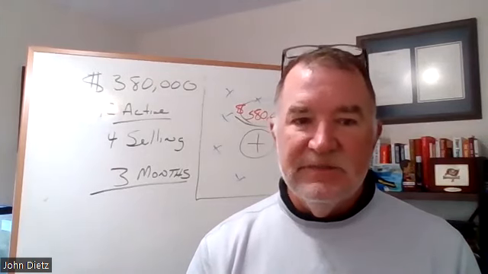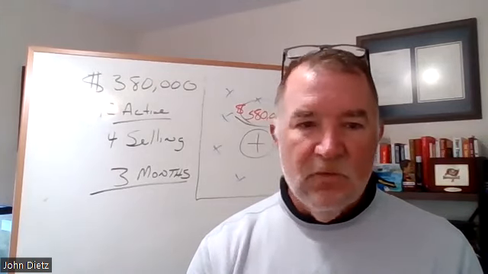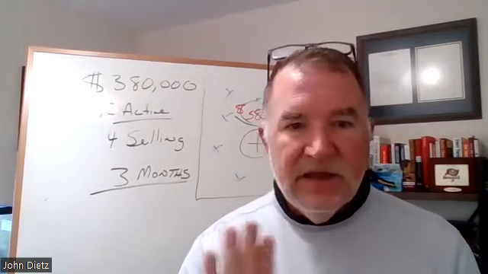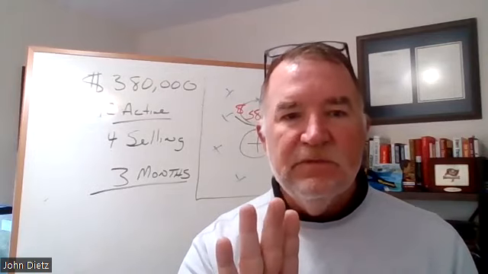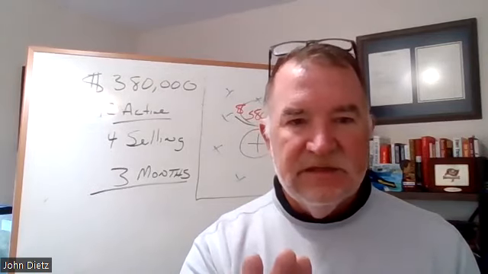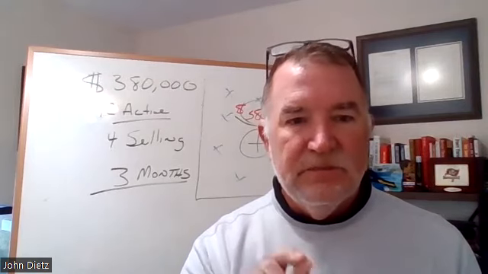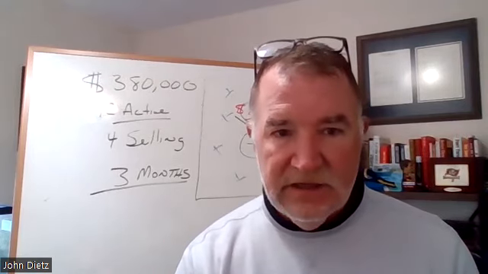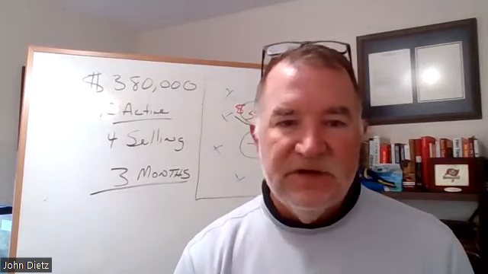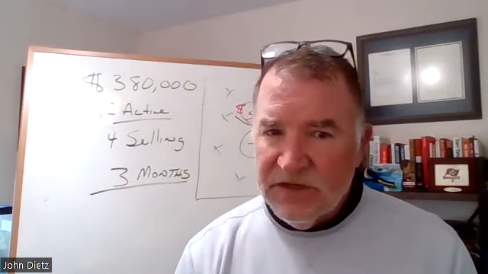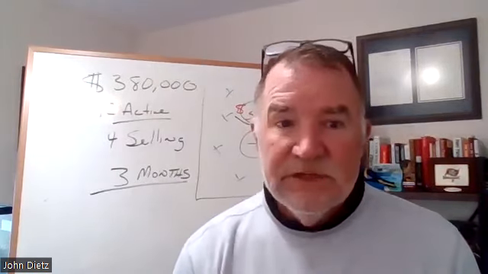Now, let's say, for example, you're talking to a seller who wants 300. And the question is, if you knew the market says the price it needs to be in order to beat the competition is 280, would you rather sell for $280,000 in the next 30 days or 6 months from now?